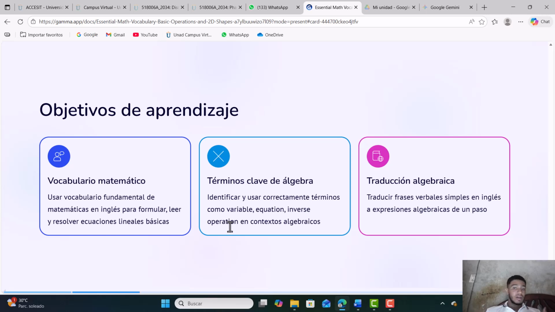You will learn how to translate simple English verbal phrases into one-step algebraic expressions. These objectives are crucial for transitioning from basic arithmetic to foundational algebra.